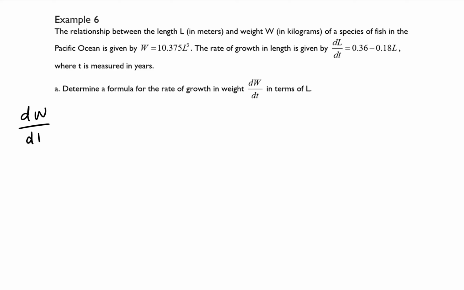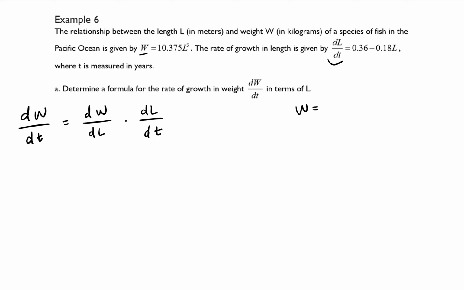So dW/dt, if we use the chain rule, is equal to dW over dL times dL/dt, since we're given dL/dt, that's what we would want to use here. And we can find both of these things. We're given the W function, so to find dW/dL, we need to take the derivative of that.